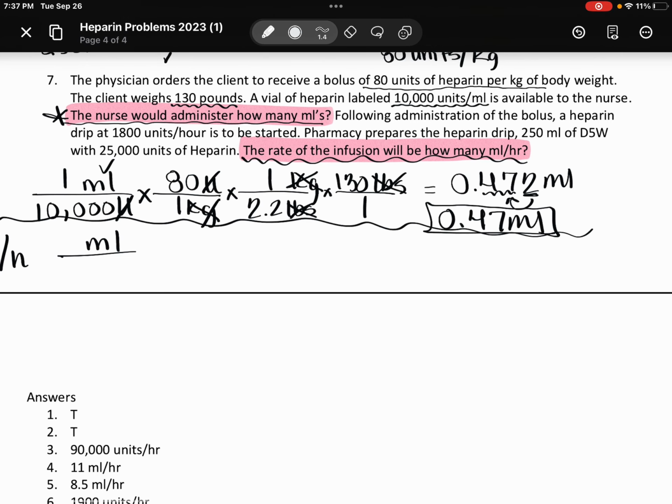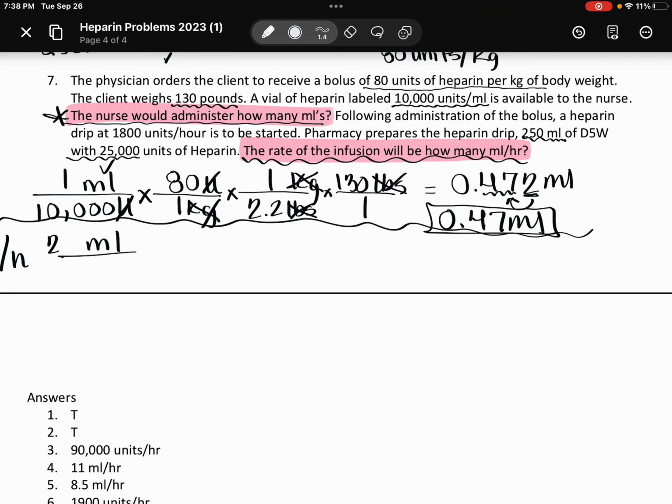Pharmacy prepares a heparin drip of 250 milliliters of D5W with 25,000 units of heparin. The rate of the infusion will be how many milliliters per hour? Okay, so where in this half right here am I going to be able to find anything with milliliters?